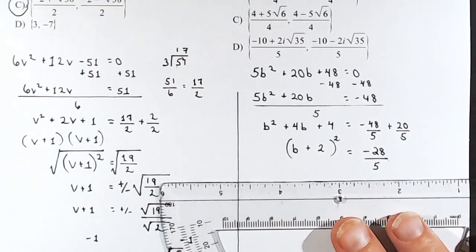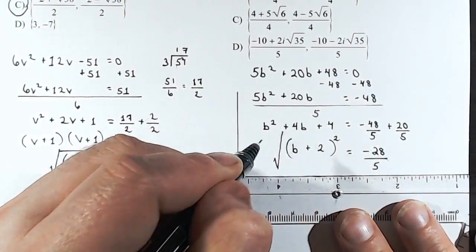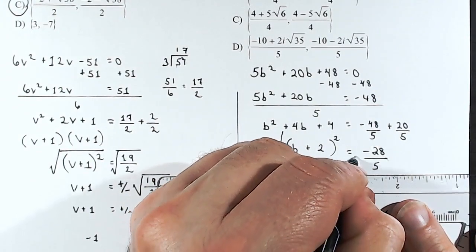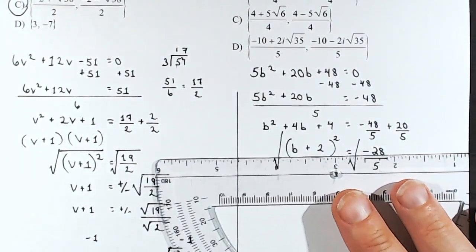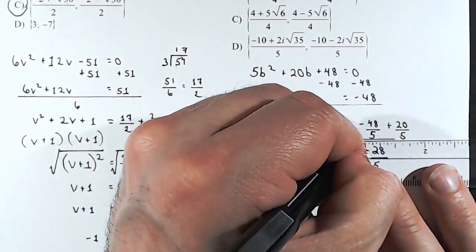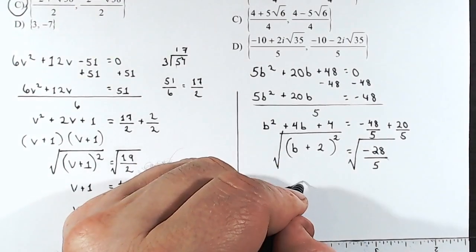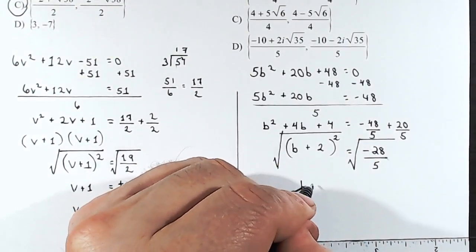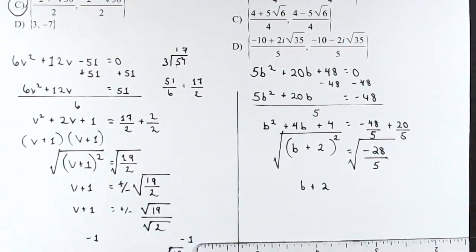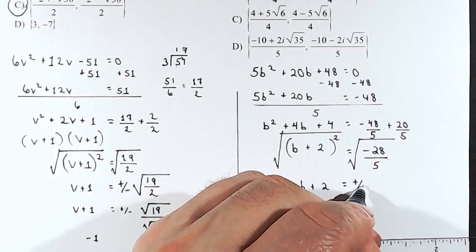My next step in completing the square is to take the square root of both sides. So I will take the square root of the left side and the square root of the right side. So the square root of b plus 2 squared is just b plus 2. And that is equal to, remember the plus or minus.